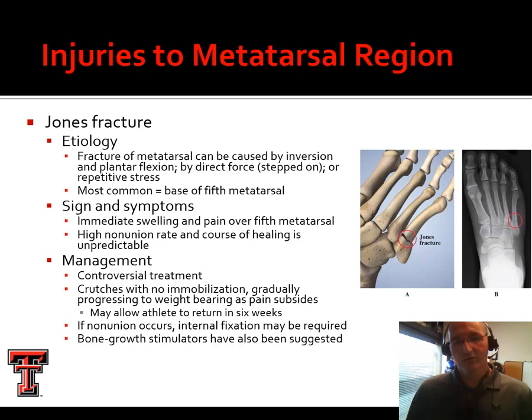A cancellous bone screw has been used, but they're much weaker, so you have to hold them out of activity much longer. We had this done in one of our offensive linemen. He was 330 plus pounds, and he had a stainless steel screw inserted, and within a matter of, I don't know, 2 months, he was having problems again, and we discovered that he had actually bent the screw.